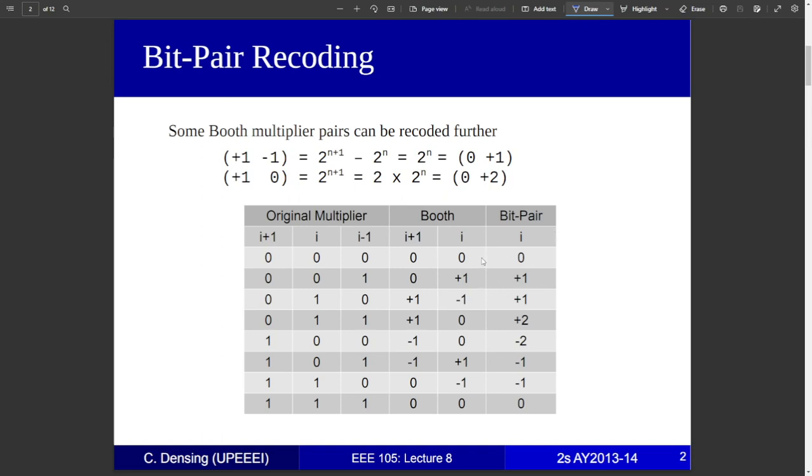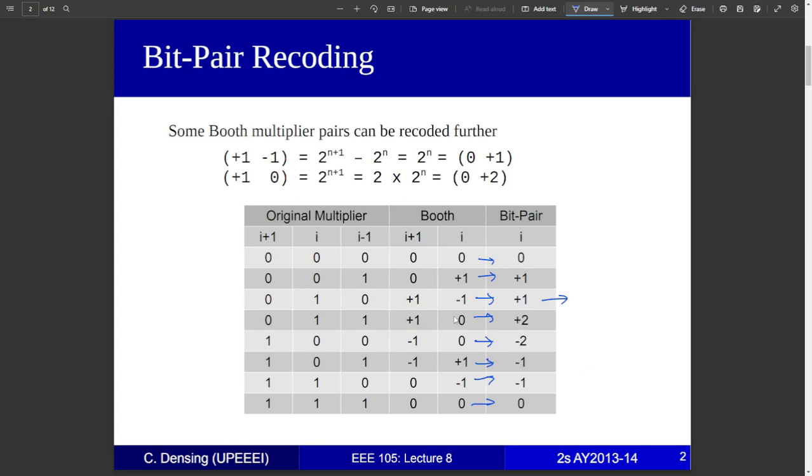You can group two Booth numbers into bit pairs, and they have equivalent numbers. So basically, 0 0 becomes 0, 0 1 becomes 1, which is positive 1, and 1 and negative 1, a 1 in the higher bit and the negative 1 in the lower bit, just becomes a 1. You've seen me do this before.